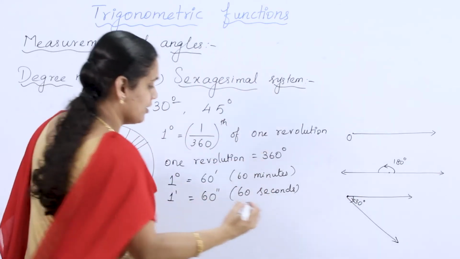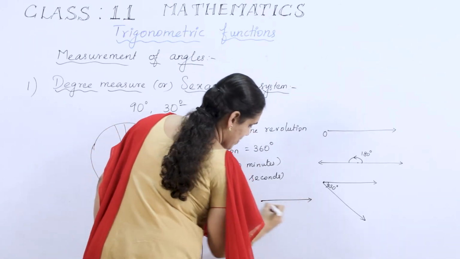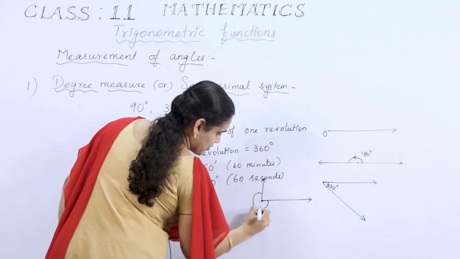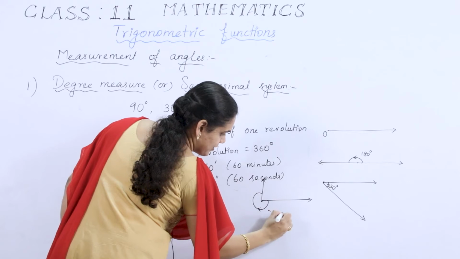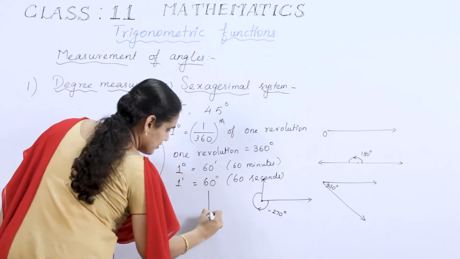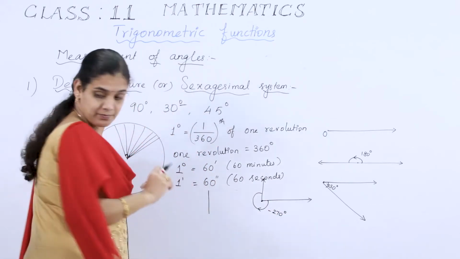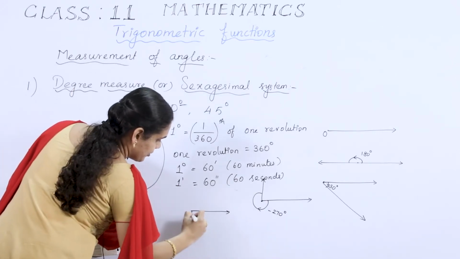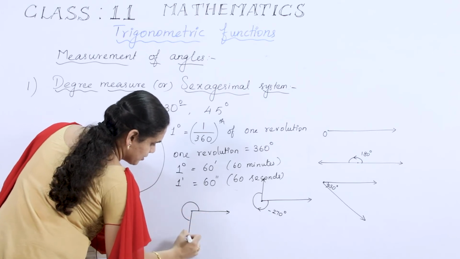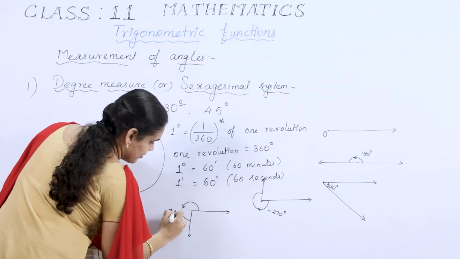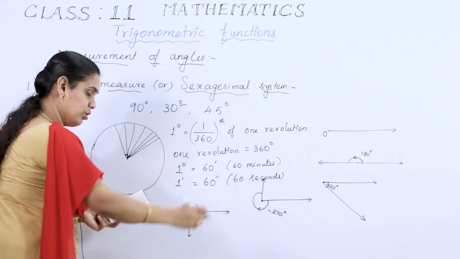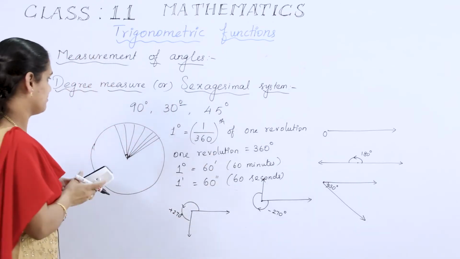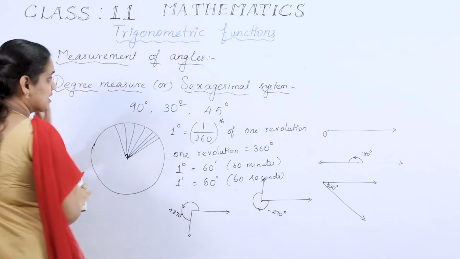So minus 30 degree, and this is minus 270 degree. Okay. Plus 270 degree is from here till this. Okay, this is plus 270 degree. If we go clockwise, we take minus, and if we go anti-clockwise, we take plus. Okay. So this is degree measure.